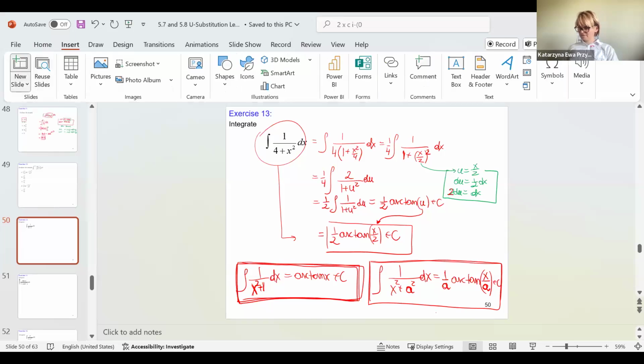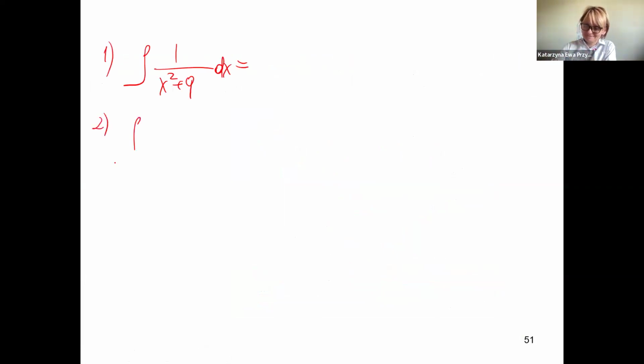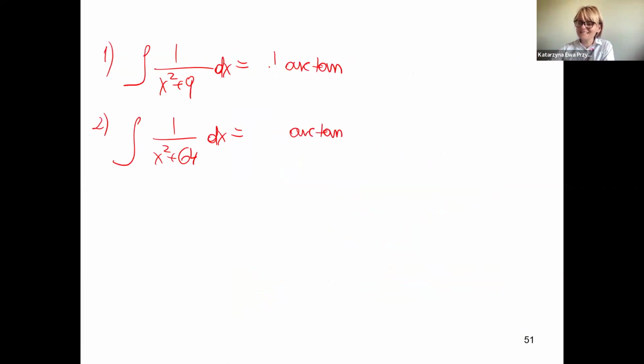Okay, everybody now is thinking, number 1, integral of 1 over x squared plus 9 dx. Can you tell me what is the answer? X squared plus 8 for the second one. Okay, what is the first one? It is arctangent, but the first one is 1/3 arctangent of x over 3.